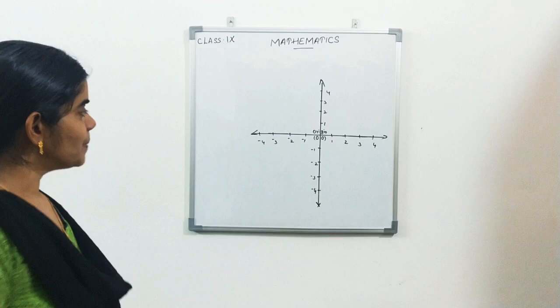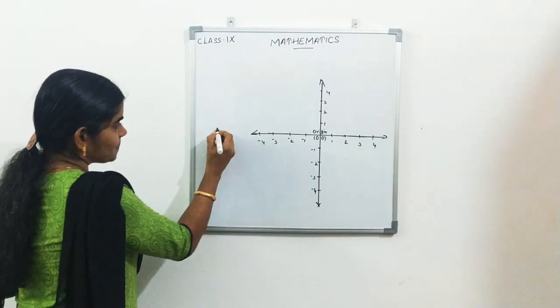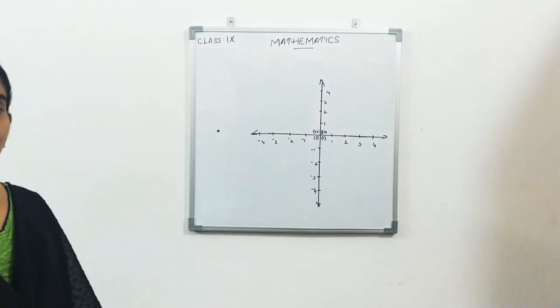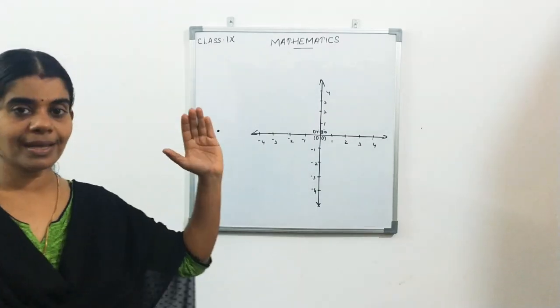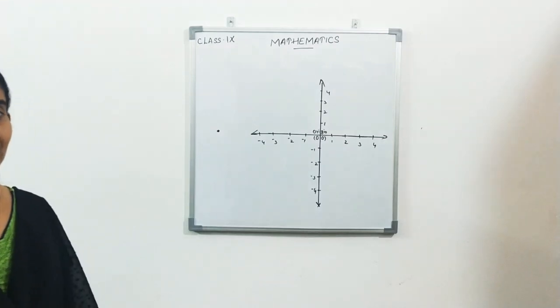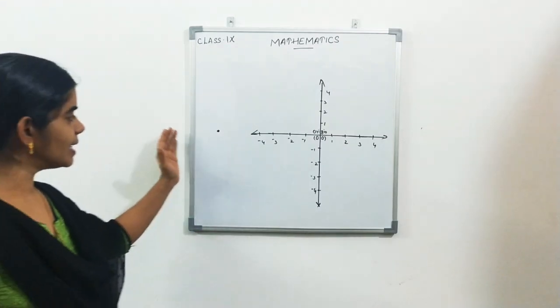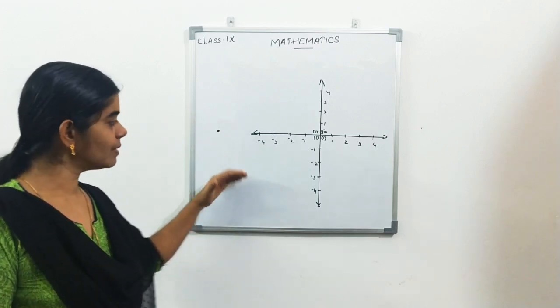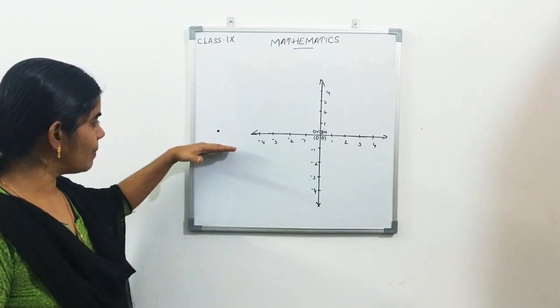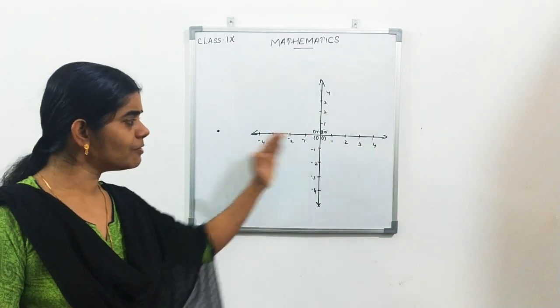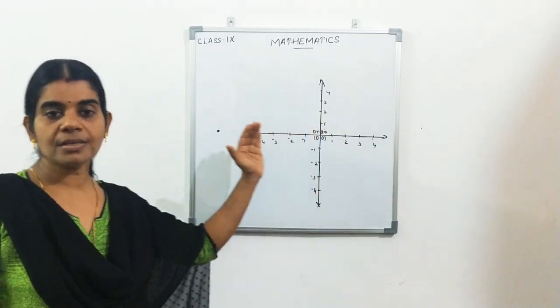Suppose that I am putting one dot here. I am telling you to locate its position. How is it possible? You will say it will be near the left corner of the sheet of paper, or in the middle of the sheet, or very far from the right part of the sheet.